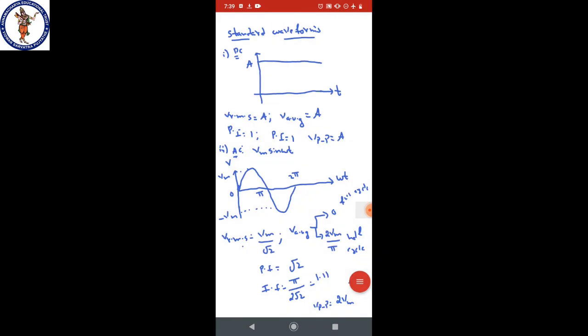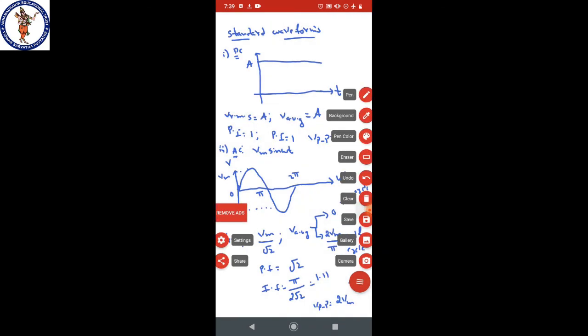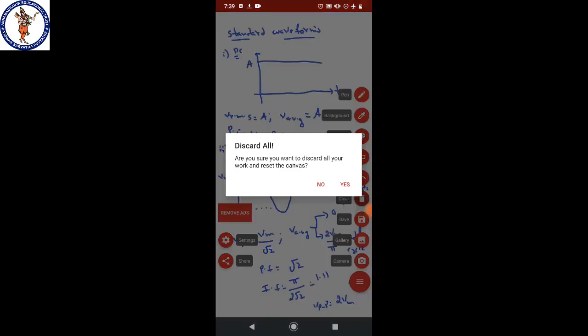Now I will erase this and go for some others. Next I will go for the diode. Diode means a rectifier.